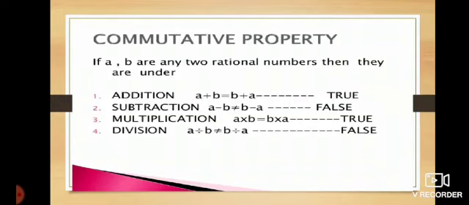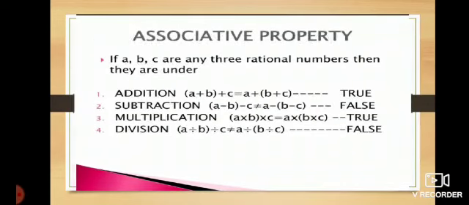In division, a divided by b and b divided by a, both left hand side and right hand side are not equal. Hence, commutative property does not hold good under division. Overall, commutative property holds good under only addition and multiplication, and does not hold good under subtraction and division.